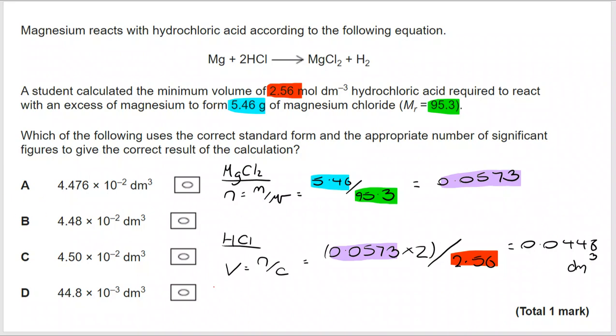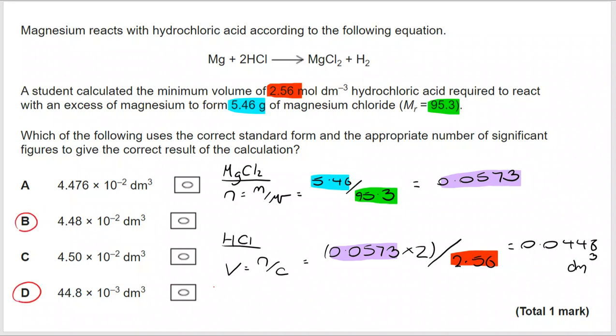Now we can take that 0.0573 moles and the mole ratio to see that my moles of HCl that were reacted would be double that. Hence 0.0573 times 2. And I'm dividing my n by my c to give me my volume of 0.0448 decimetres cubed.